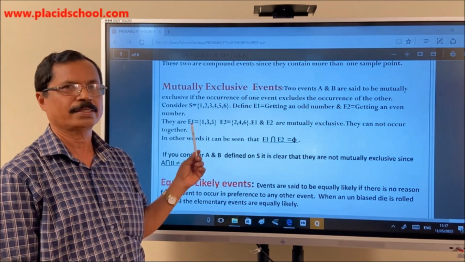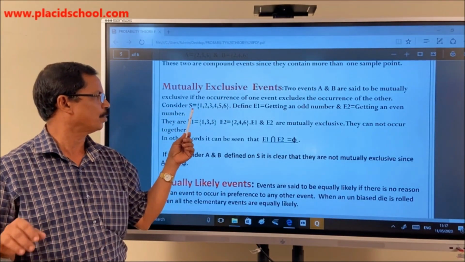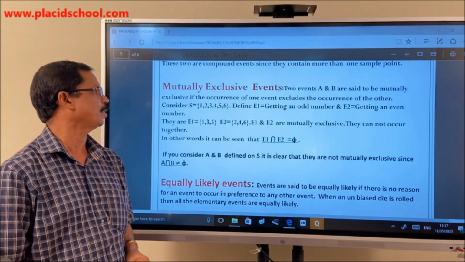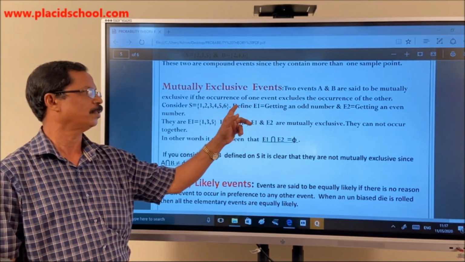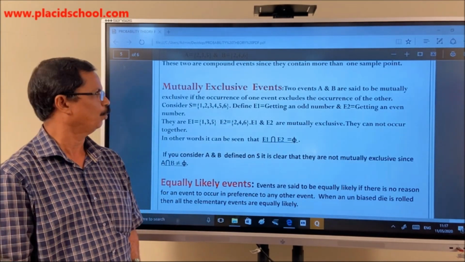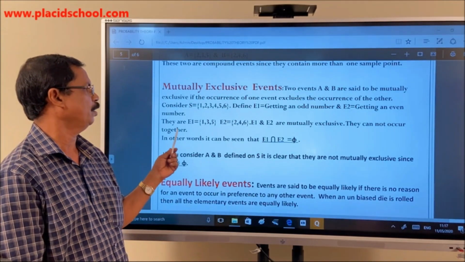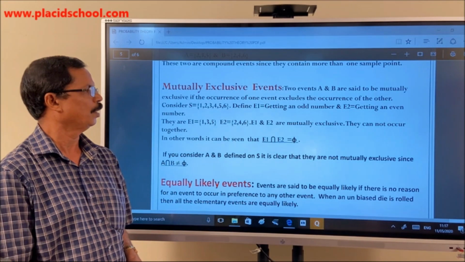Let us consider an example. Look at this: a random experiment associated with throwing a die. S is the set {1, 2, 3, 4, 5, 6}, and we define two events on S. One is E1, getting an odd number, and another one E2, getting an even number. Then in roster form, E1 is the set {1, 3, 5} and E2 is the set {2, 4, 6}.